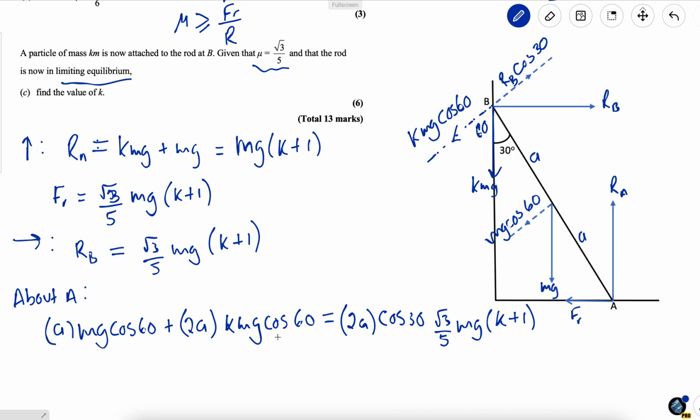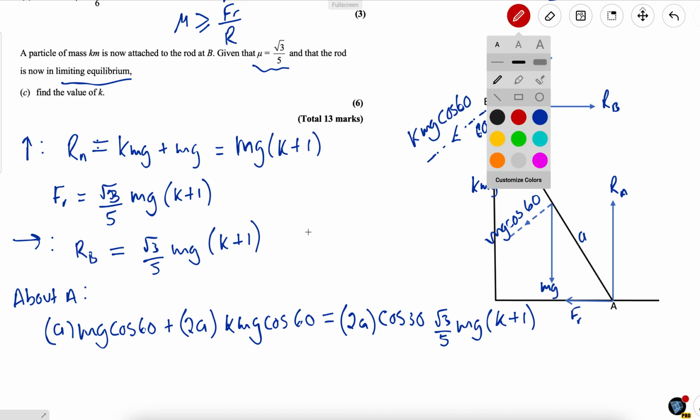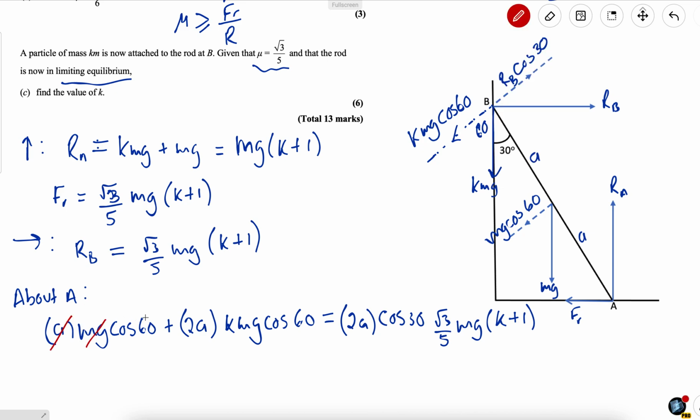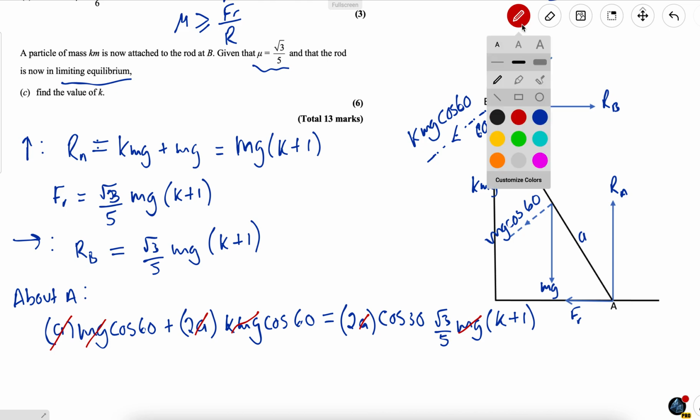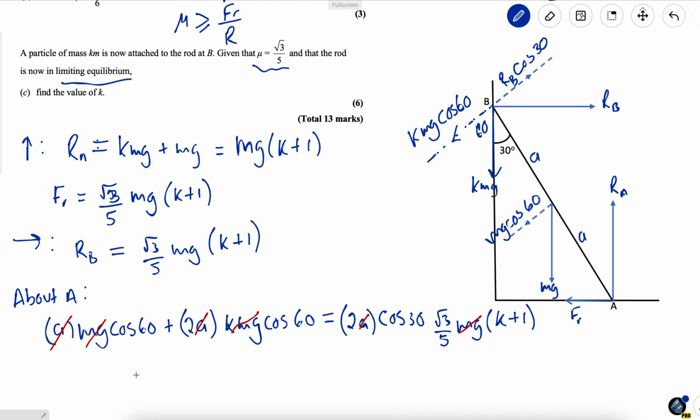So looking at this equation, every term in the equation is not only multiplied by A, but also by mg. So I'm going to simplify by cancelling through those terms. A, mg, A, mg, A, mg. And that simplifies my equation down quite nicely. So also at this point, I'm going to find the exact values of these.